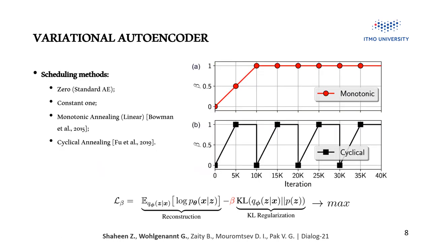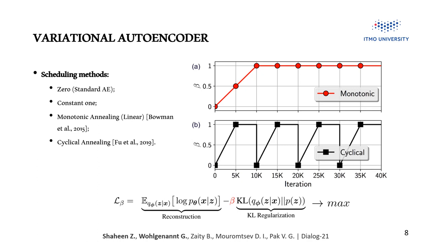We compare different strategies for selecting beta. The first one is to keep it as 0. The second one is to set beta to 1. The third one is monotonic annealing. We set beta to 0, and then in the following iterations we increase the value of beta gradually to 1.